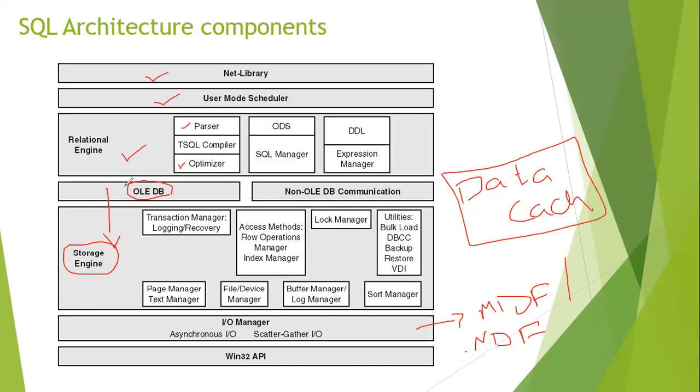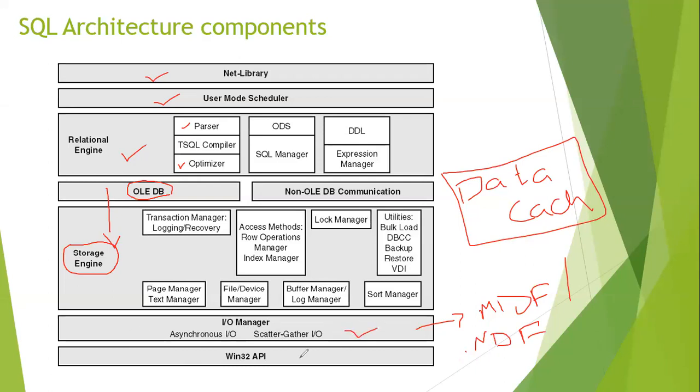If that is the case, it will connect to the storage engine and perform the operations. It will modify the pages, or if it just needs data, it will access the data pages and perform the operation that we require.